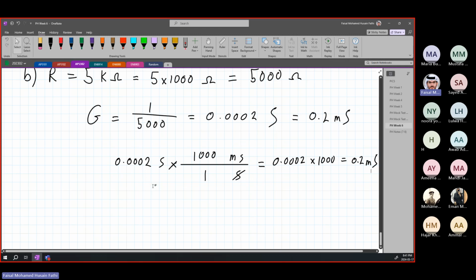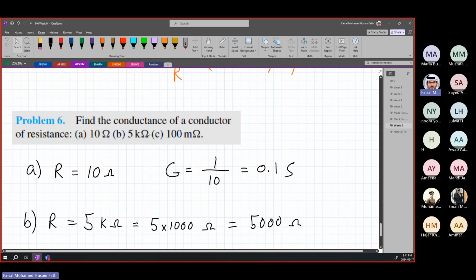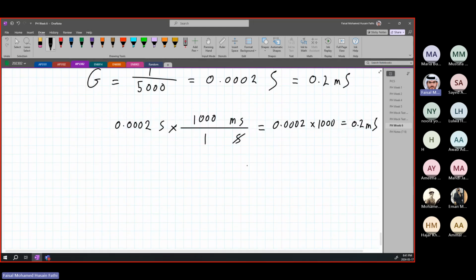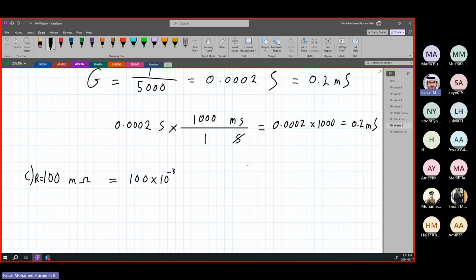It is very important to understand how you do your unit conversions. All right. Last one, Part C, it says 100 milliohms. So R is equal to 100 milliohms. Again, this is in milli. Milli basically means 100 times 10 to the negative 3, or it is 100 divided by 1000 ohms, all right?